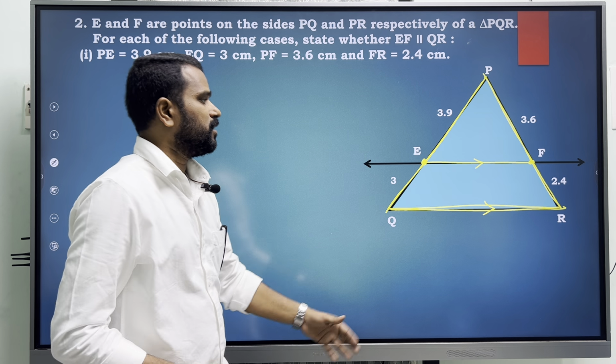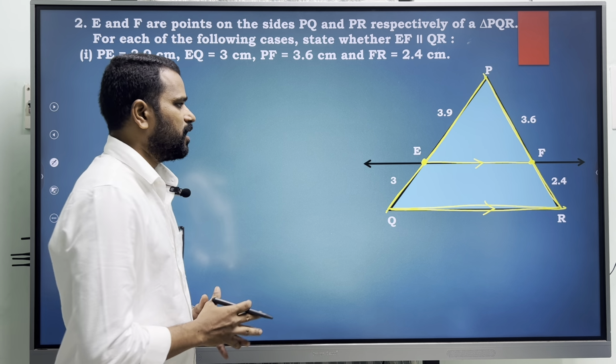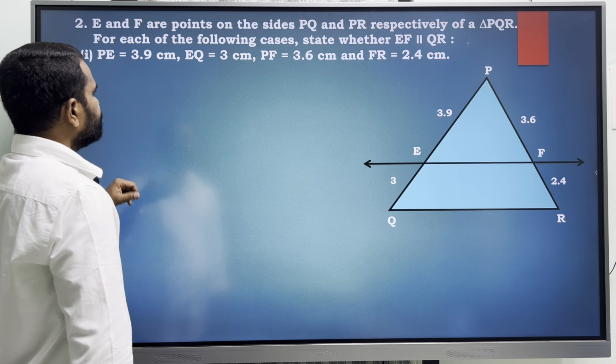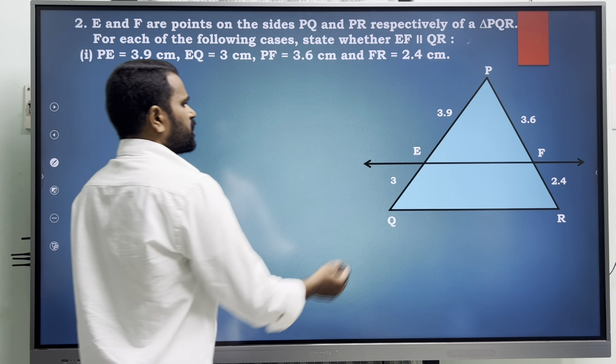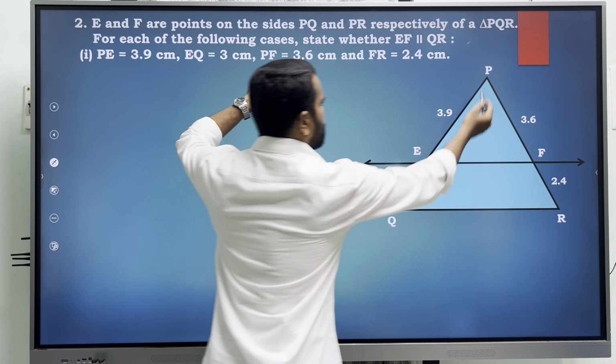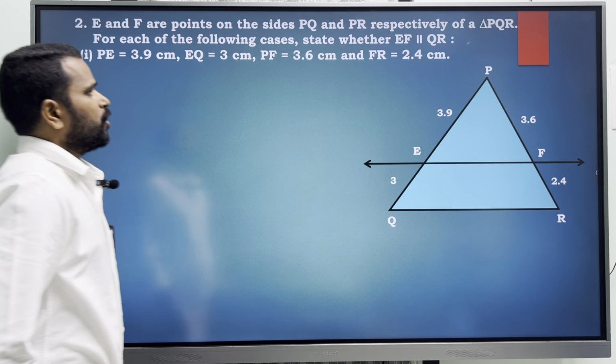We have to check whether EF is parallel to QR or not. This is the question. PE is given 3.9, EQ is given 3, PF 3.6, FR 2.4.